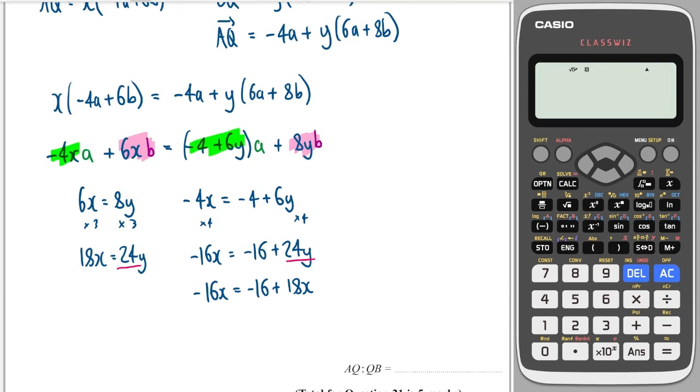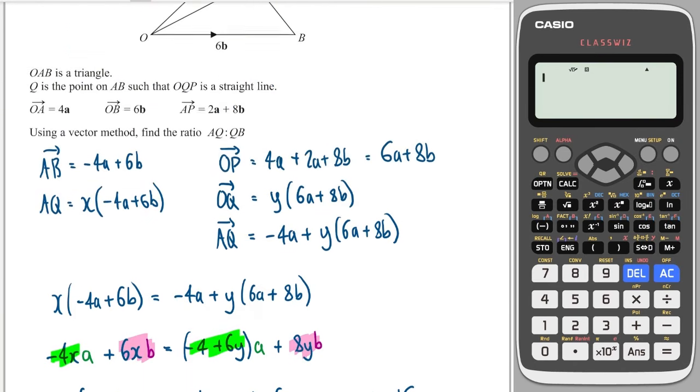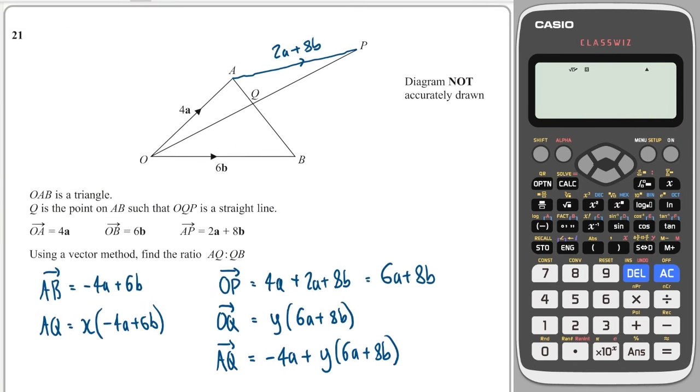And then rearranging, that's going to give me, if I add the 16 to that side and add the 16x to that side, it's going to give me 34x. So therefore I get that x is equal to 16 over 34. So x is equal to 8 over 17. Great. So now let's just remind ourselves what x actually is.